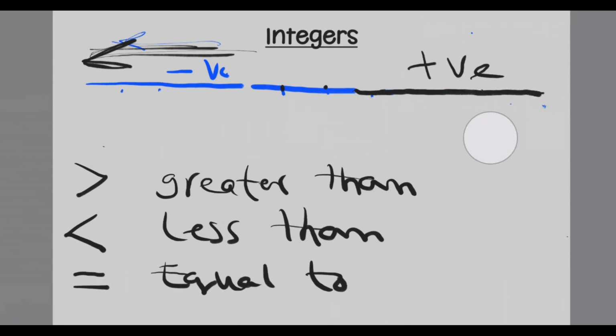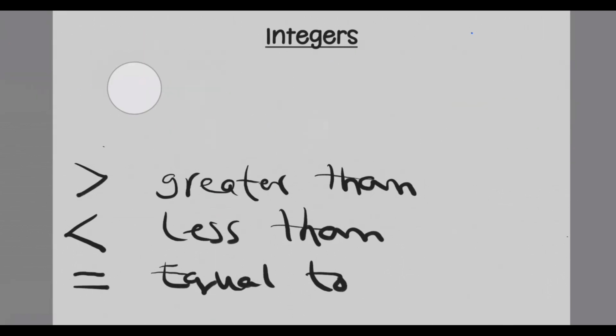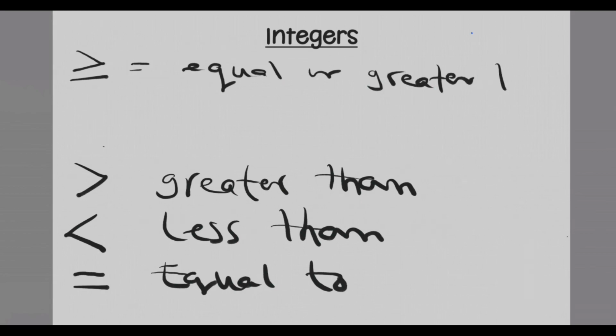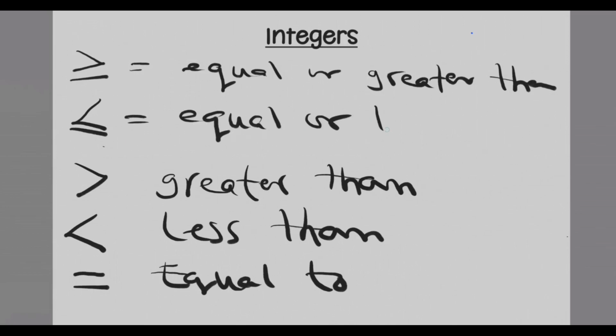And then there's another sign you're going to see. I'm going to write that to the top right here. You're going to see a sign like this, which means equal or greater than. And then you're going to see something similar that goes this way, which means equal or less than.